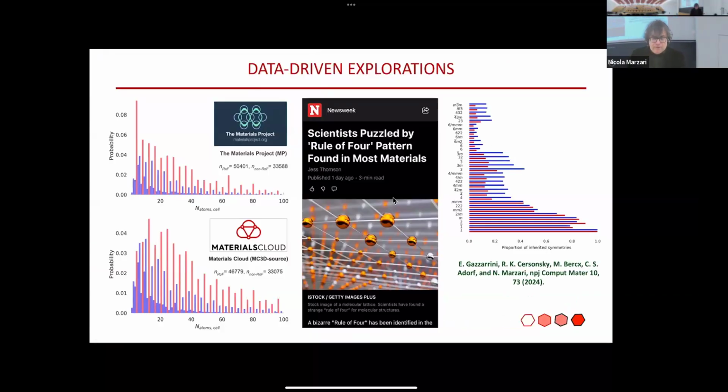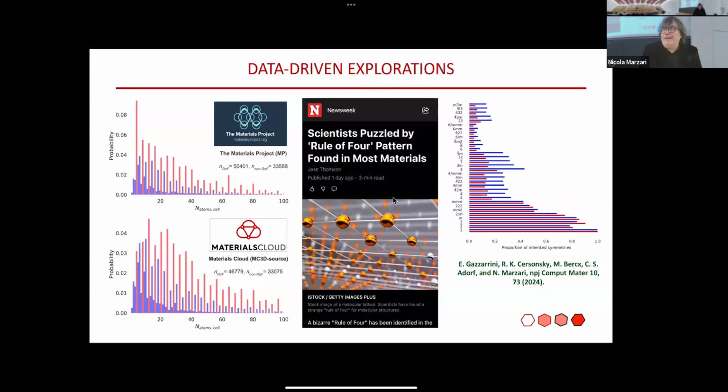And sometimes you also stumble on the unexpected. Indeed, if you look at all these inorganic stoichiometric compounds and you look at their primitive cells and the number of atoms that sit in the primitive cell, you discover, in these pink histograms, that having a number of atoms that is a multiple of 4 is very common. And I'm sure that any of you now think, I have an explanation for that.